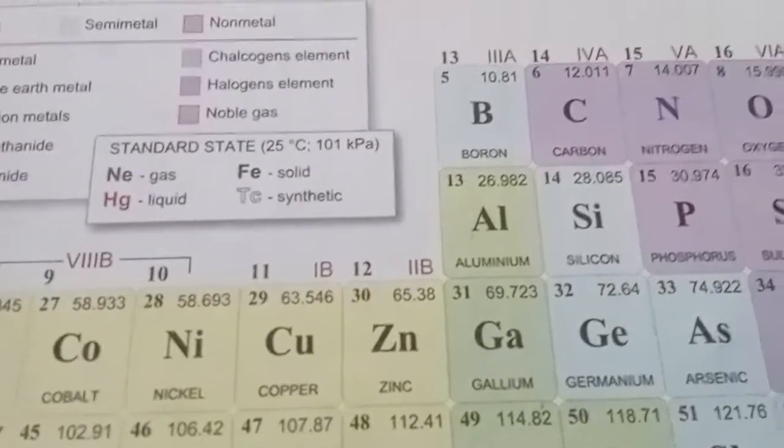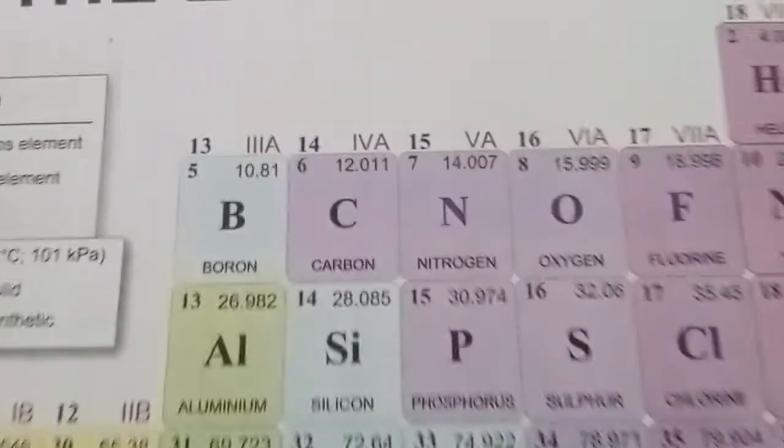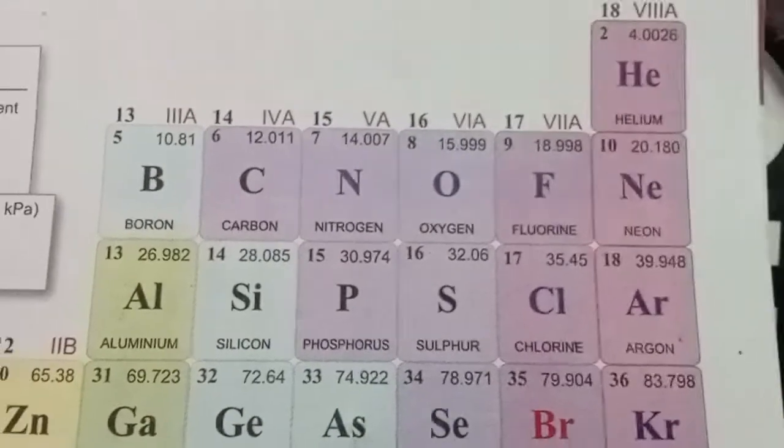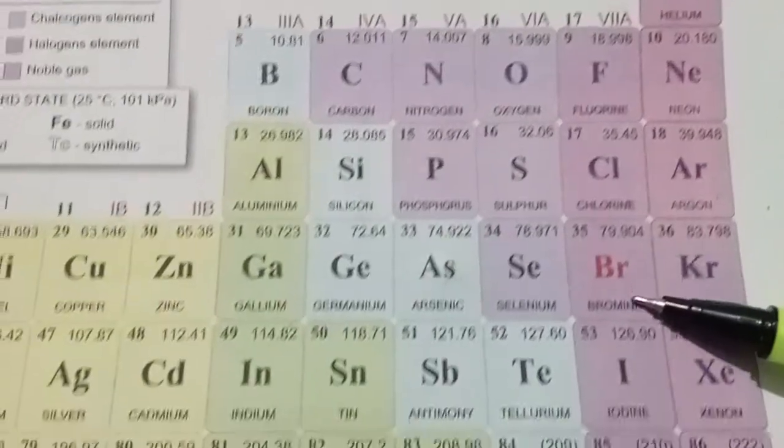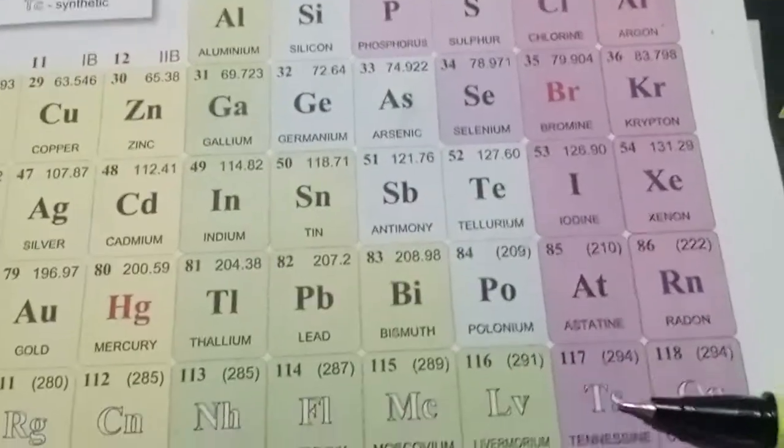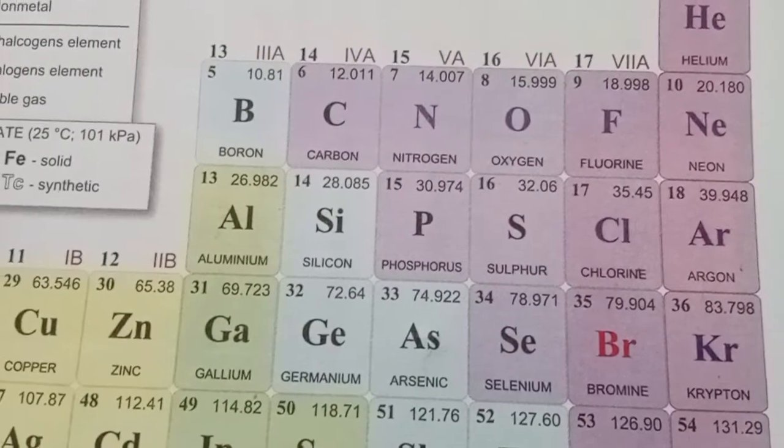And see the 17th column: fluorine, chlorine, bromine, iodine, and astatine, like this. These are known as halogens. So it is known as the halogen family.